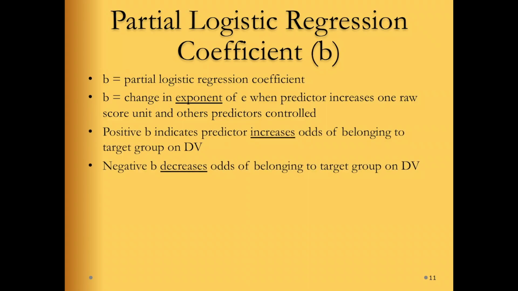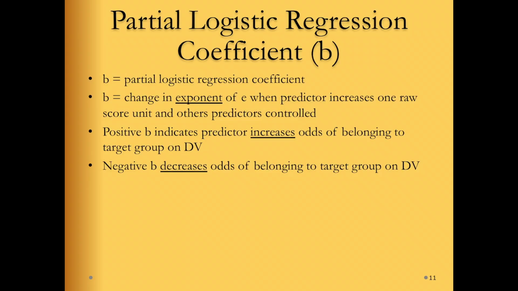A positive B indicates a predictor that increases the odds of belonging to the target group on the dependent variable. We would say such a predictor is a risk factor. Thus, the odds ratio for that predictor will be greater than 1. Conversely, a negative B indicates a predictor that decreases the odds of belonging to the target group on the dependent variable.